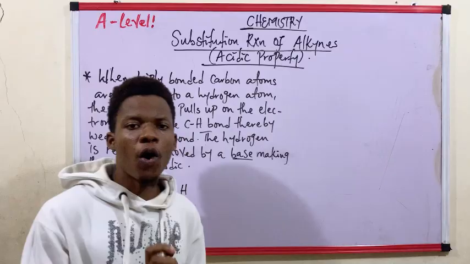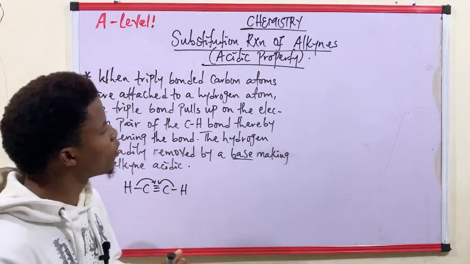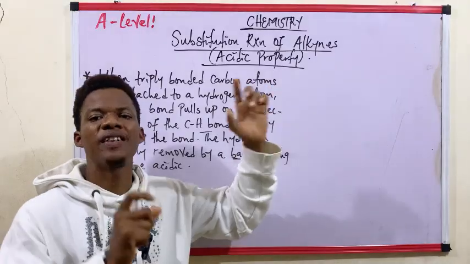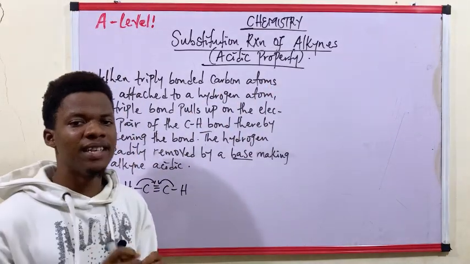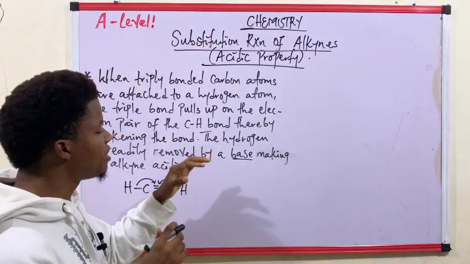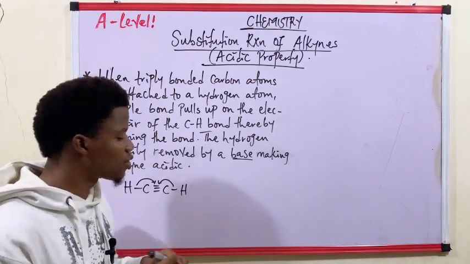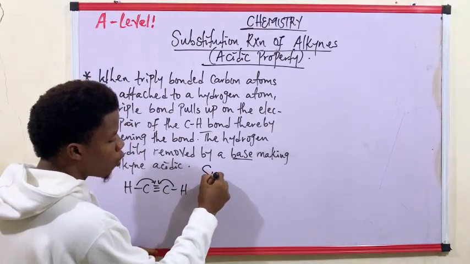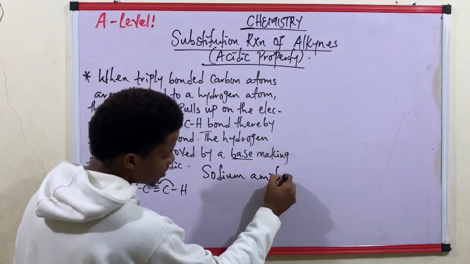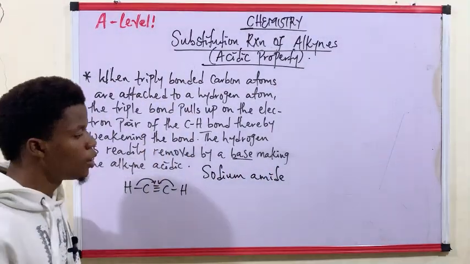For this aspect we are dealing with, the acidic property or the substitution reaction of the alkynes, the base that is generally accepted to be used in this reaction is sodium amide. Please don't forget this.